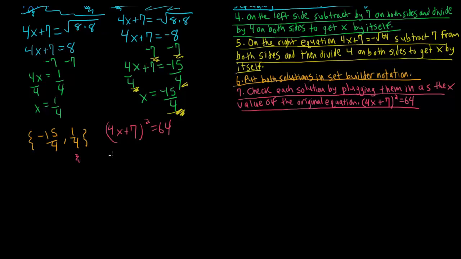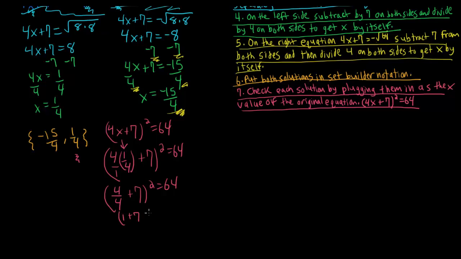So 4, and then you have 1/4 times 1/4, because that's the x value right here, plus 7 squared equals 64. That'd be 4 over 4, because 4 times 1 is 4, and this is the same as 4 over 1. 4 over 4 plus 7 squared equals 64. 4 over 4 is the same as 1, plus 7 squared equals 64. 1 plus 7 is 8 squared.